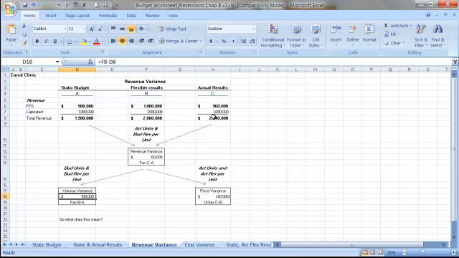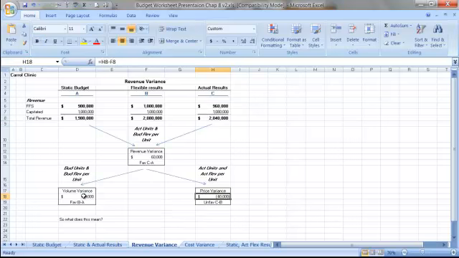So when we look at these two, we right away see, okay, Flex said this, but our actual result was lower, so it was unfavorable. So we would take column C minus column B to get our unfavorable of 40.